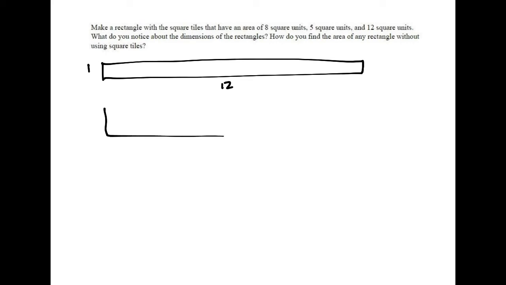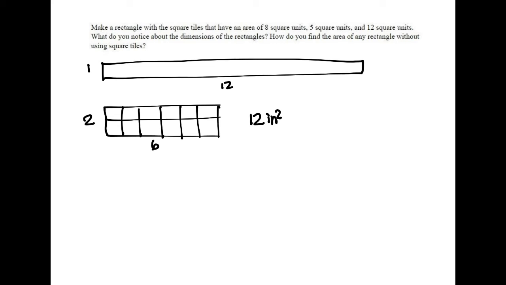If I had 2 rows, and I have 1, 2, 3, 4, 5, 6, right? Because there's my 12 squares. So this would be 2 by 6 to give me 12 squares total, but now it's in rectangular form.